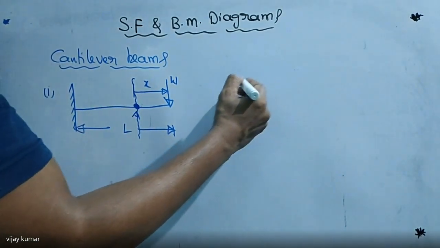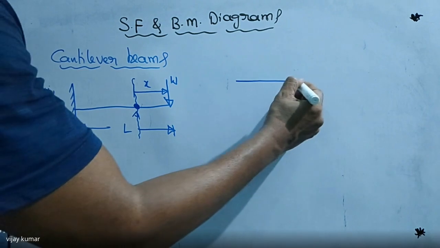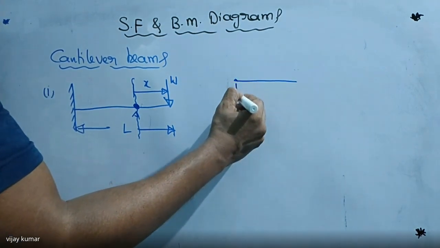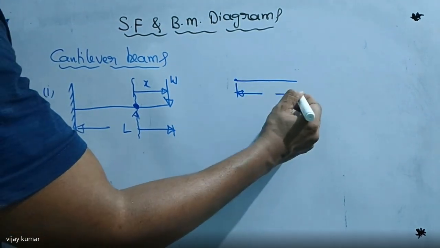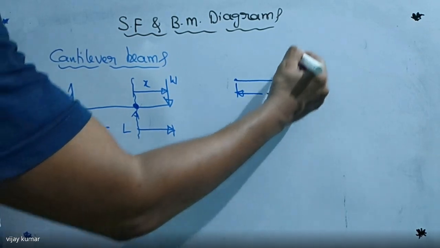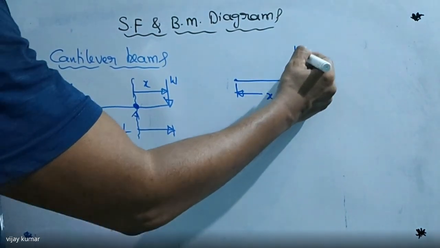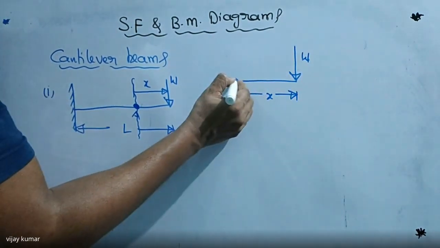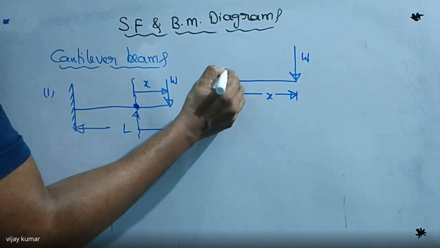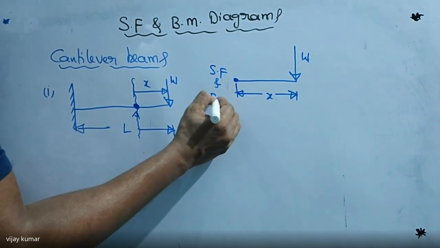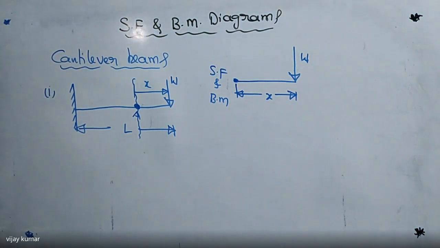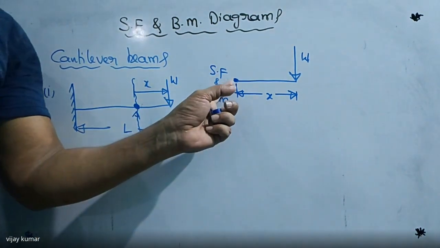I'm going to take the right part here. This is the right part, which has a length of X, and it is subject to one load that is equal to W. I want to find the shear force and bending moment at this point.